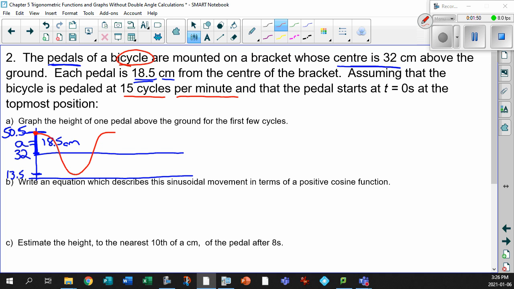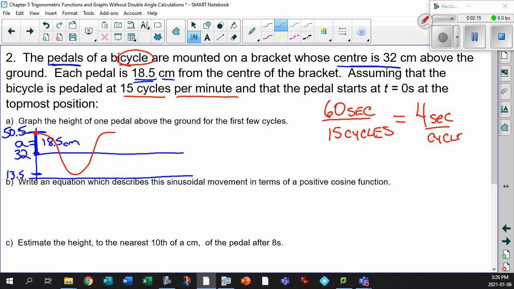If you think a minute is 60 seconds, and you have 15 cycles, how long does it take for one? Well, 60 divided by 15, which gives 4 seconds per cycle.